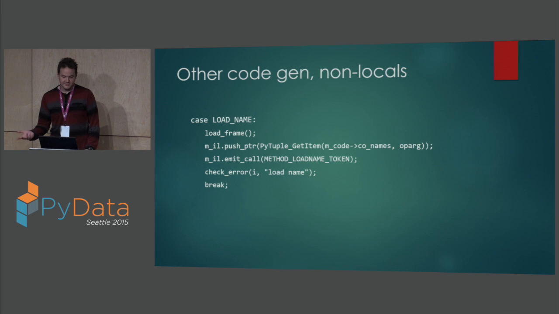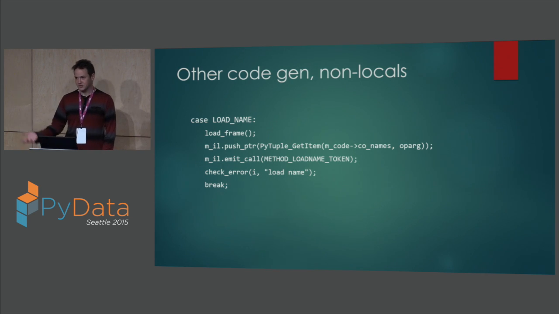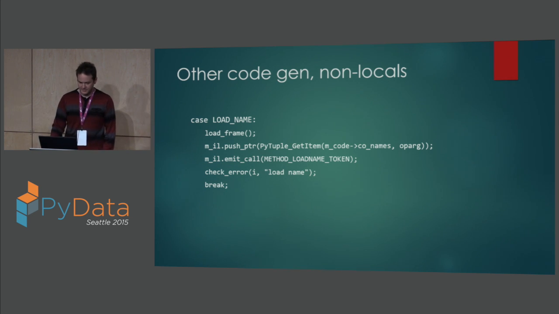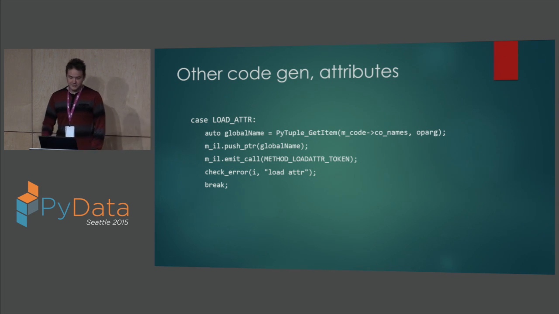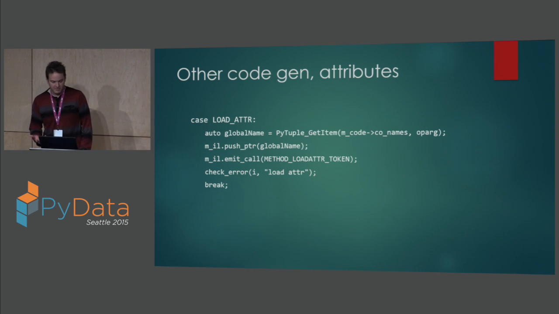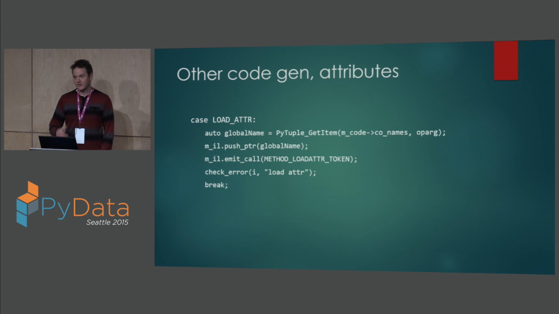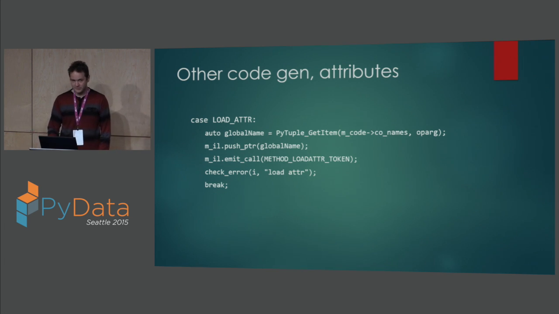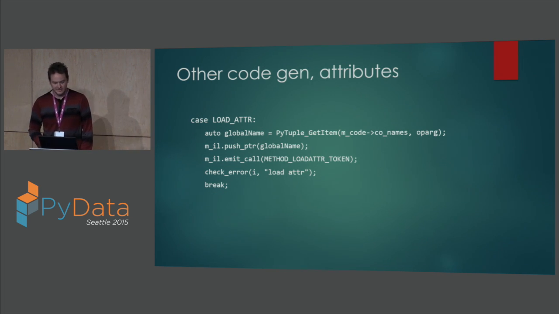And so in this case, again, we're just burning the address of the name object, which is a string object, and we're calling this one helper method to do the name lookup, and then if it fails, it will return null, and we have to check it, and all of that good stuff. Load attributes, similar to loading names, except we have an object that we're loading it from. That was already pushed onto the stack, and we call the helper method, and you can see the pattern here. So a lot of this code generation is actually really simple and straightforward, which is kind of what I was expecting when I got started with the project.